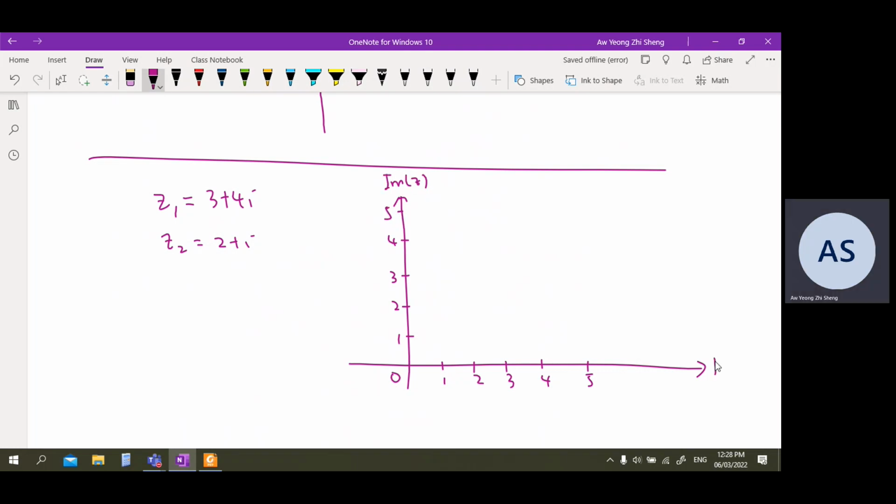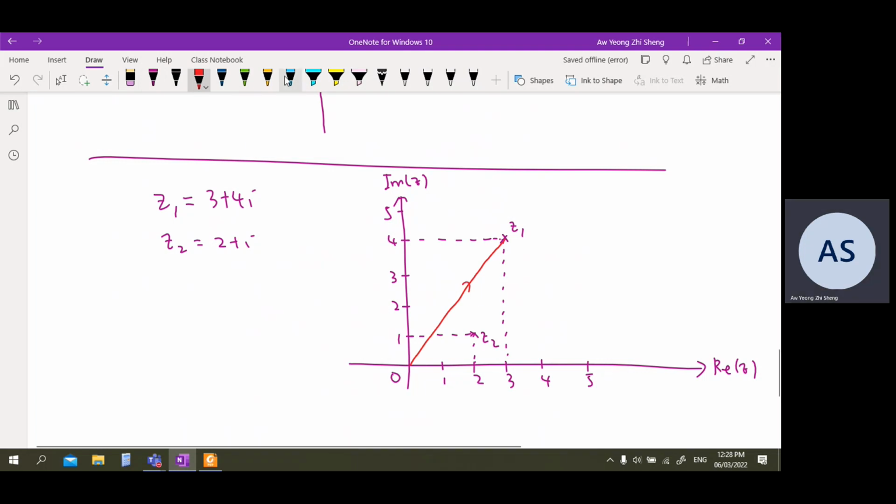IMZ and REZ. 3 plus 4i is here, the point 3, 4, the vector representation of Z1. 2 plus i will be 2, 1. This is Z2.